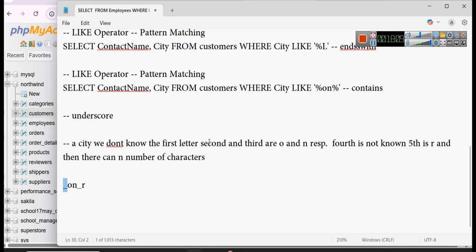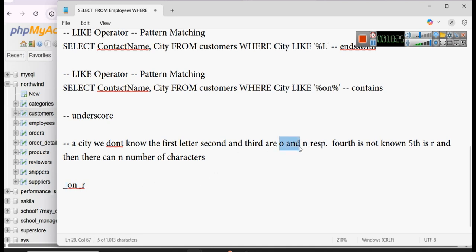No. We are saying the first letter is not known. That means we exactly know that one letter is missing.